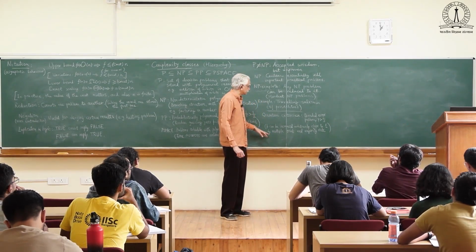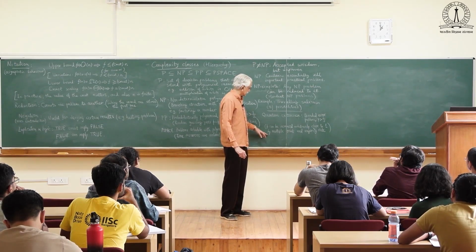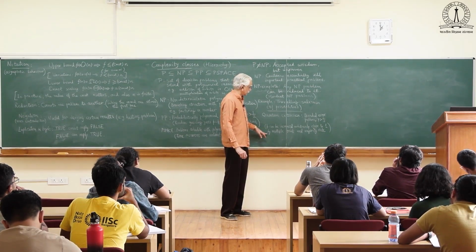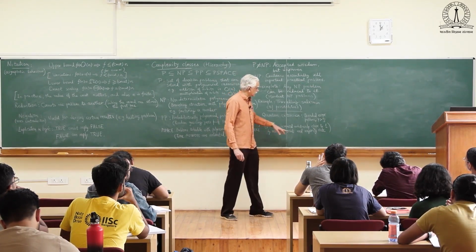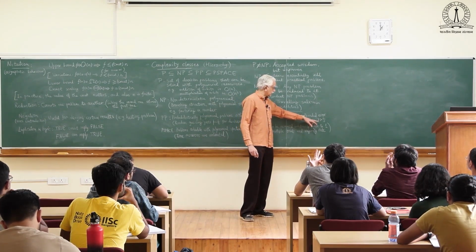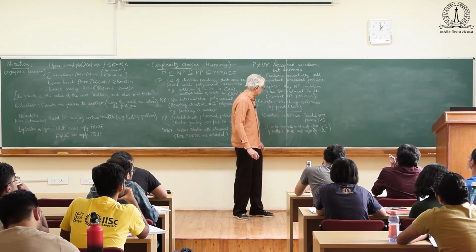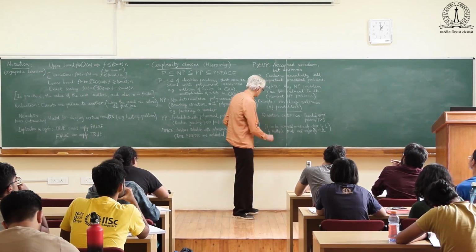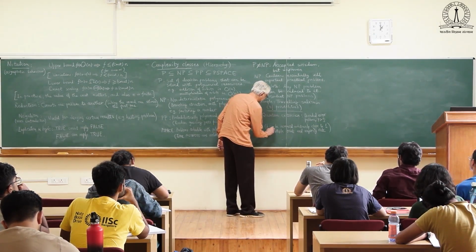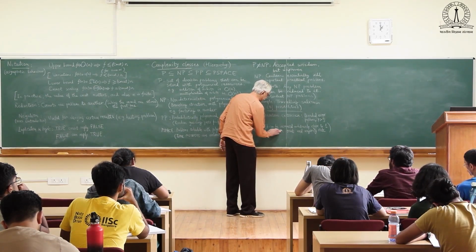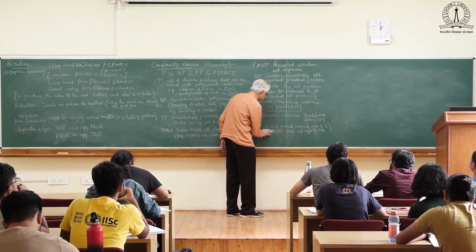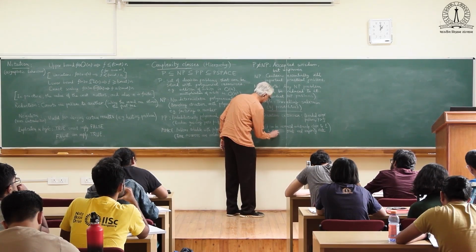And this probability can be made as close to 1 as possible by, instead of multiple I can be more specific, it is polynomial.